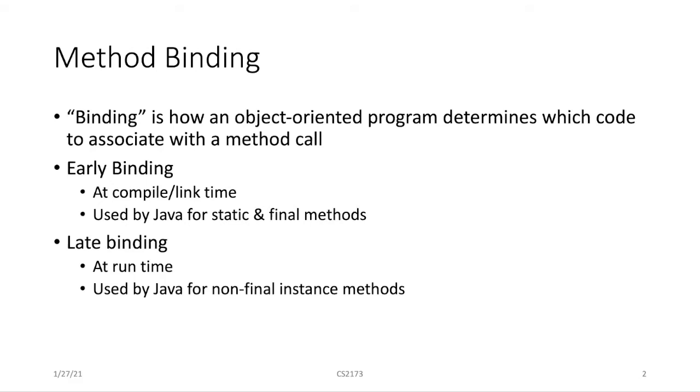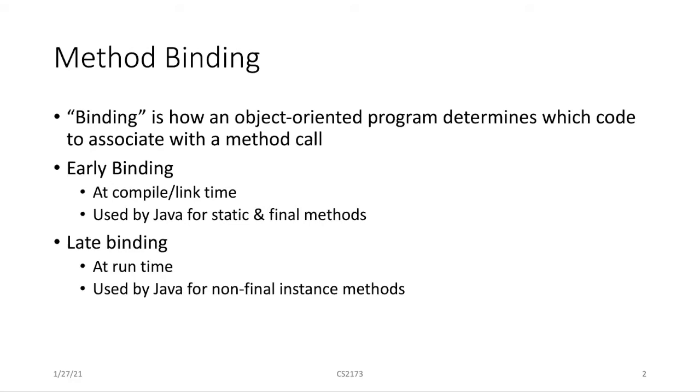So that's called late binding, and that occurs at runtime. For non-final instance methods, it's not until the program is actually run that it has to figure that out. So in a way, it acts more like the interpreter in JavaScript or Python than the earlier static methods.